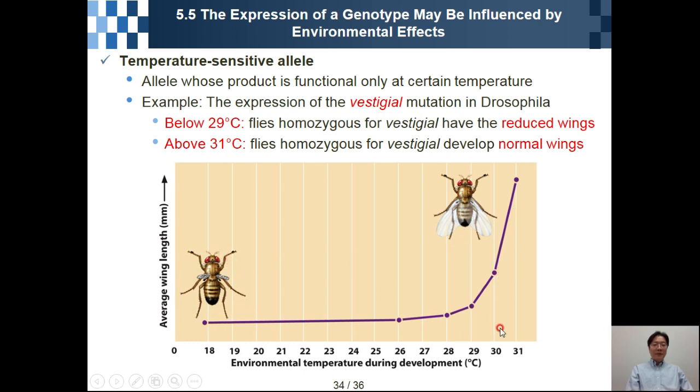But at around 31 centigrade and above, the allele will make the product, but the product is not functional. In that case, they will develop the normal wings like this. So this is one example of a temperature-sensitive allele.